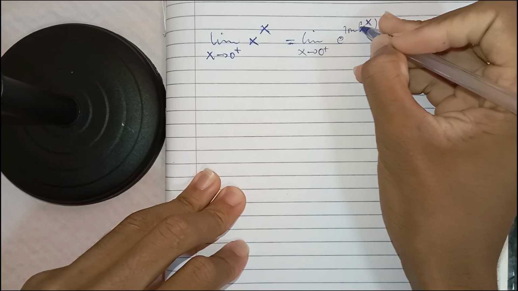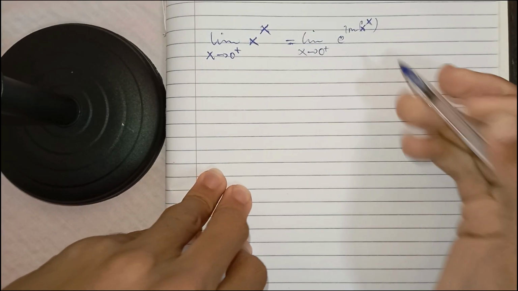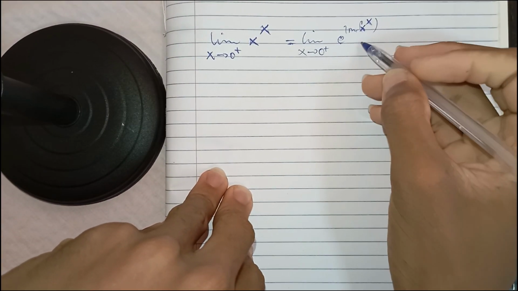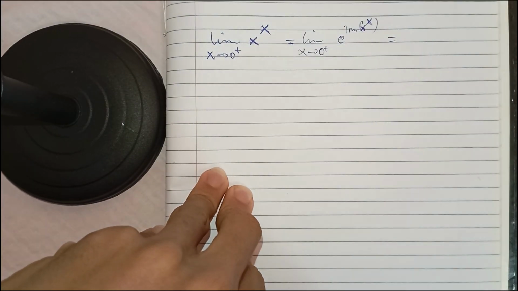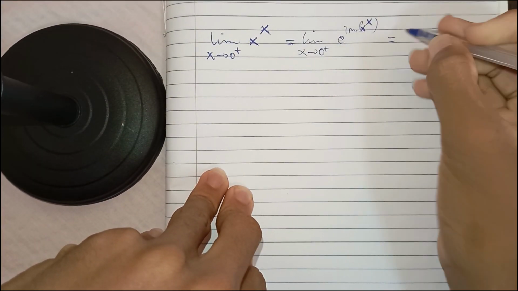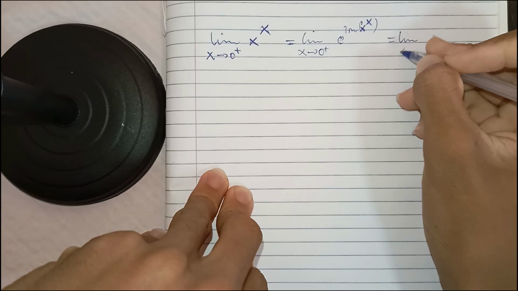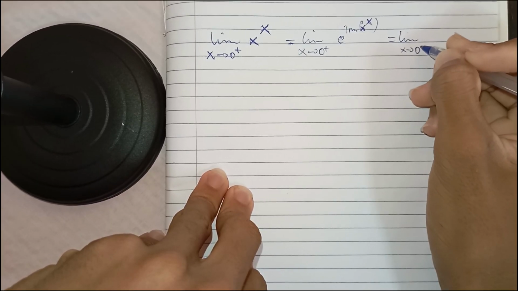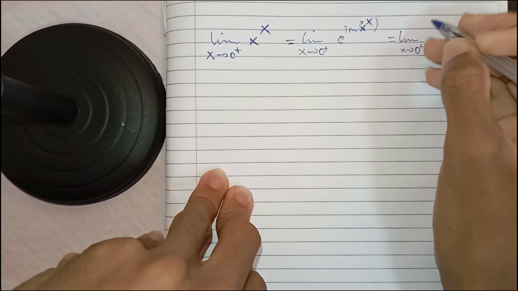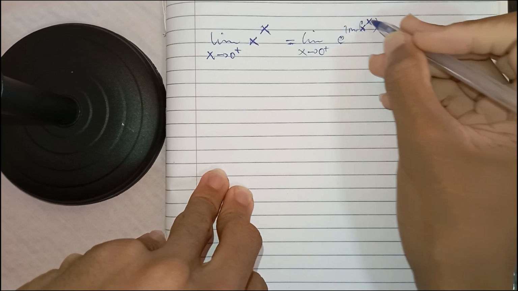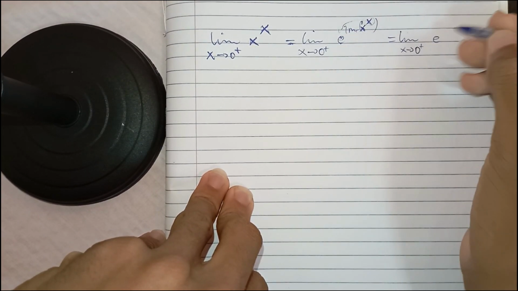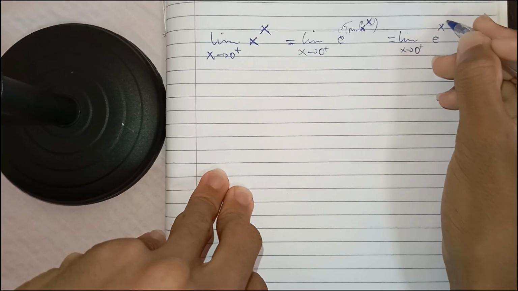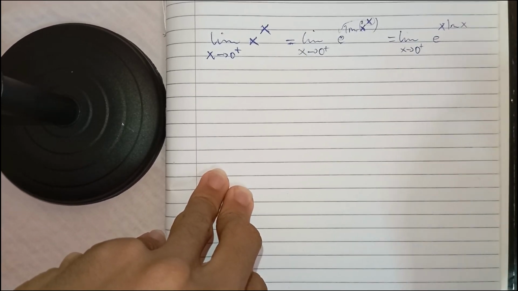It's a property, as the base is above zero, so we can do it like that. Next, as x approaches 0 from the right, this x can come in front, so we get x ln of x, right?